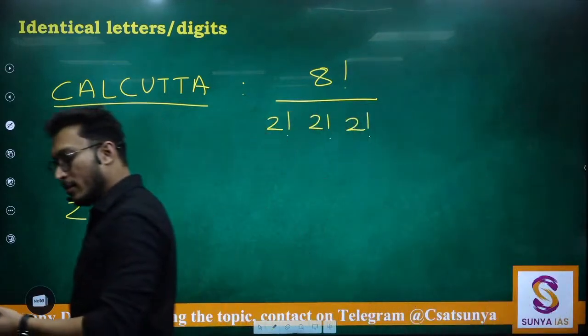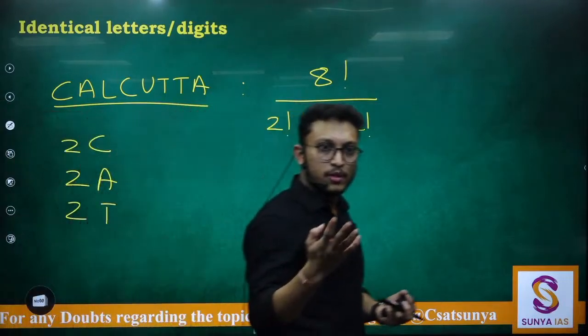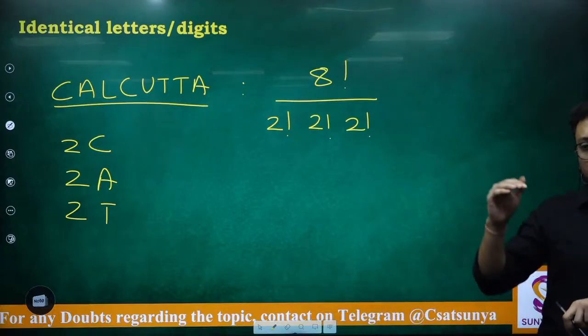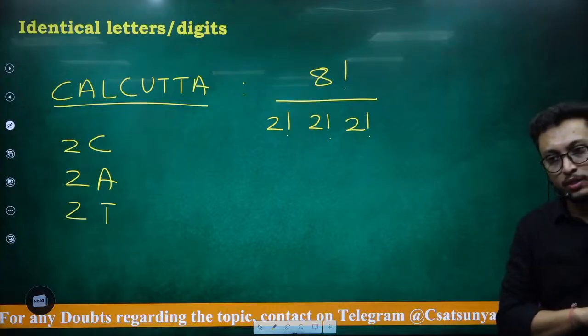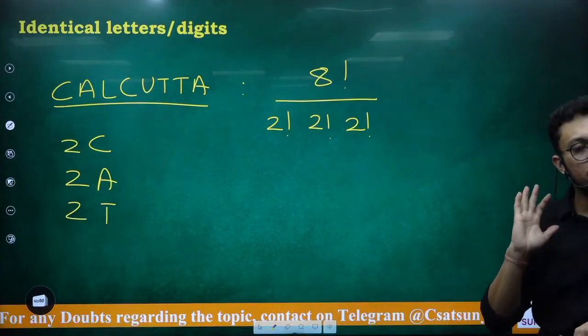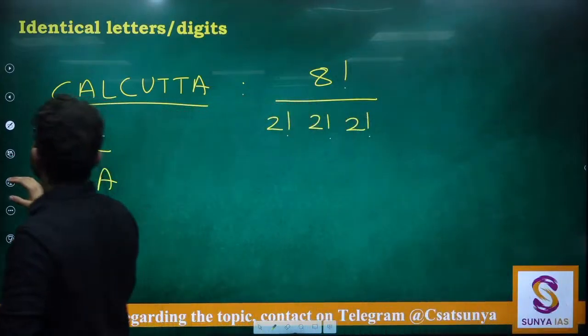try it orally. Bombay 6. So 6 factorial upon B is repeated twice. और कुछ repeat हो रहा है? नहीं. So 6 factorial by 2 factorial. Is this clear? Apply the same thing in digits as well.